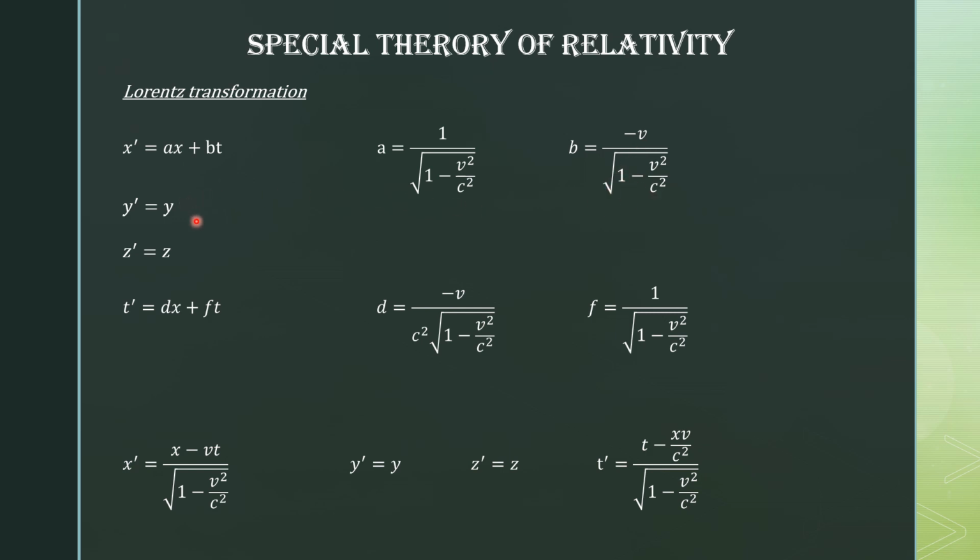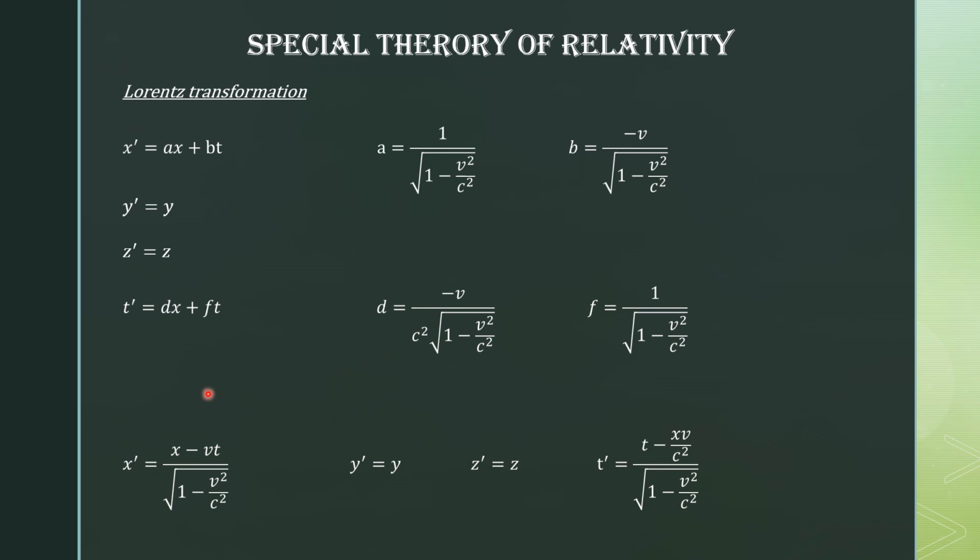Then y' = y, z' = z, and t' = dx + ft, where d is equal to minus v by c square root over of 1 minus v square by c square, and f is equal to 1 by root over of 1 minus v square by c square. This happens when the particle is moving in the x direction.